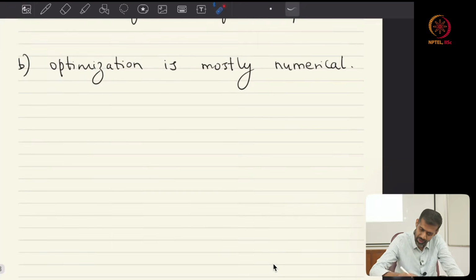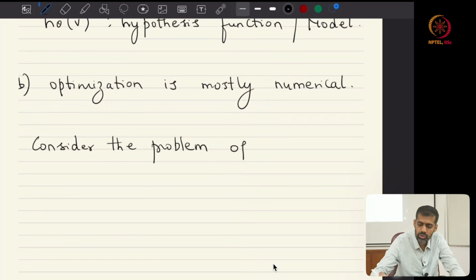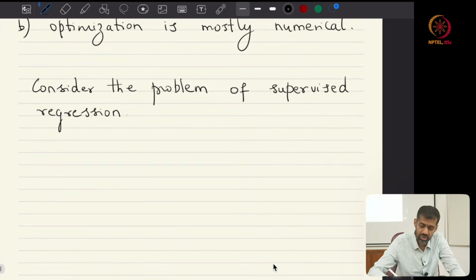So let us look at some one concrete case, right? So consider the problem of supervised regression. Okay, what does that mean?